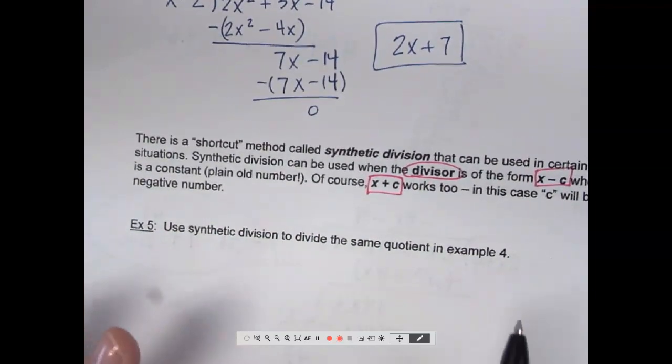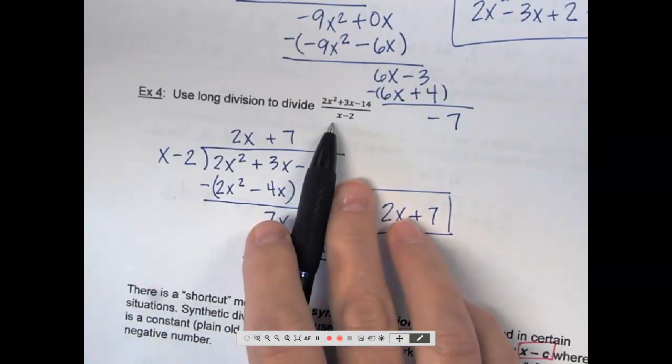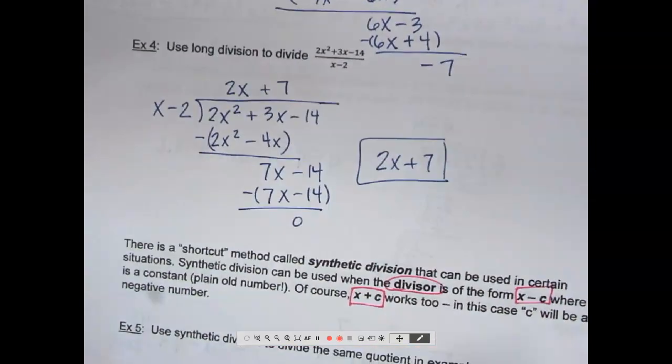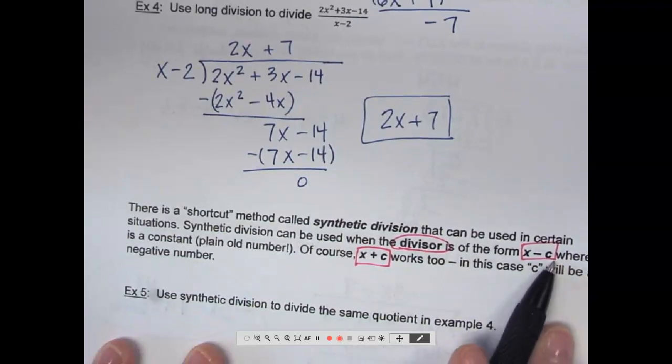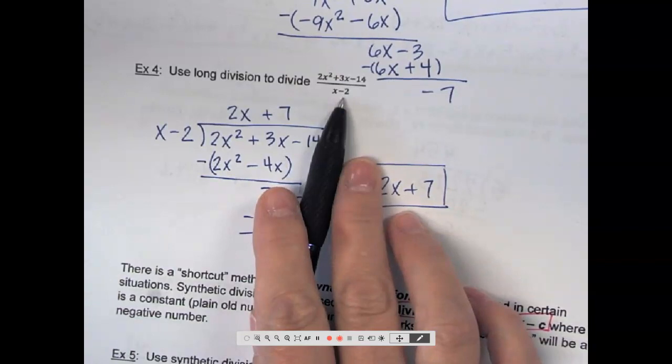What I'm going to do is take the c value. If this is an x minus 2, what is being subtracted from x? A 2. Or think of it as taking the opposite of this sign. If minus 2 is a negative 2, then the opposite is a positive 2.